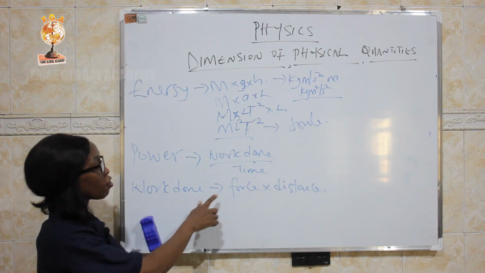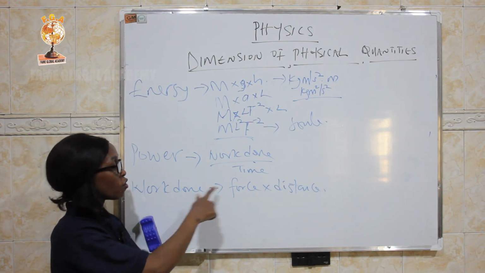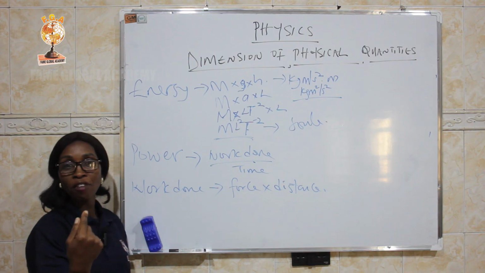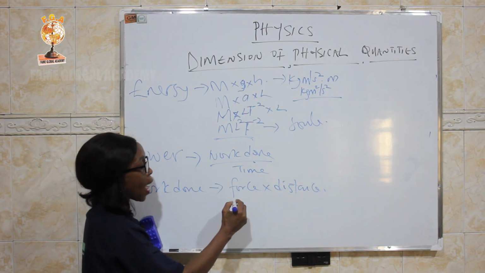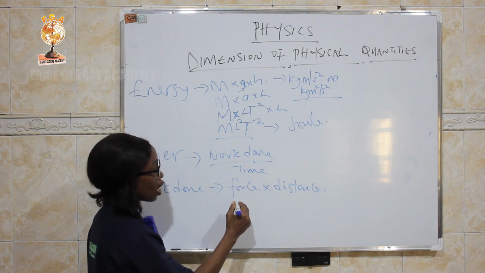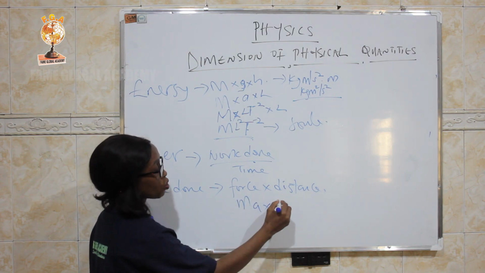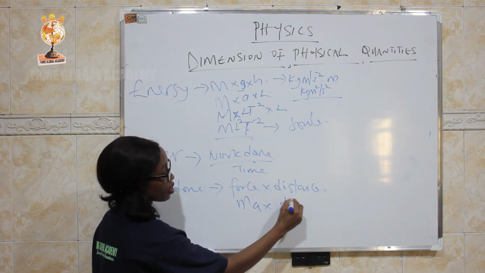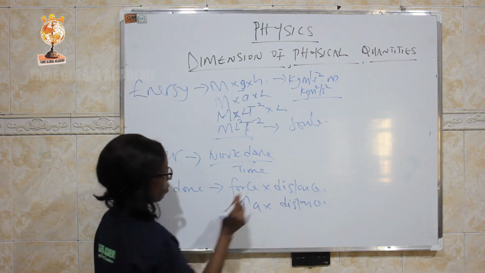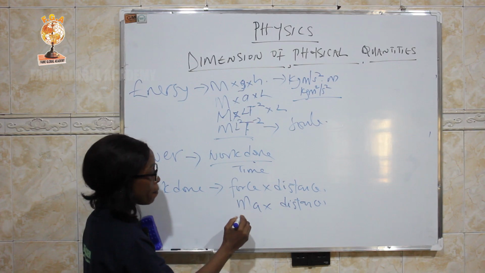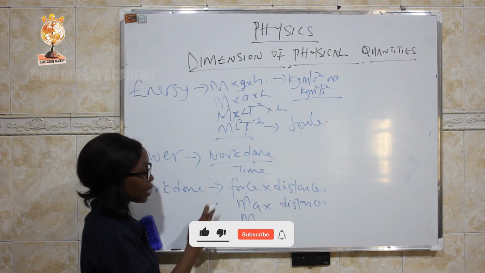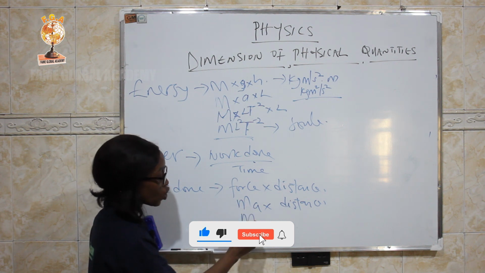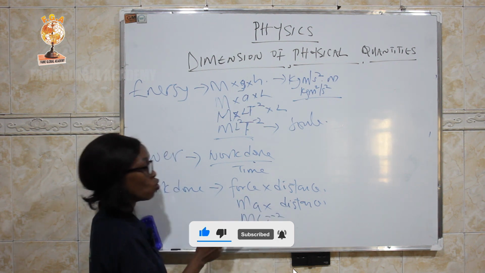So force times distance is the formula for work done. Remember we have done force before. Force is MA in terms of formula. MA times what? Distance. So M is the dimension for mass. Then acceleration is LT minus 2.